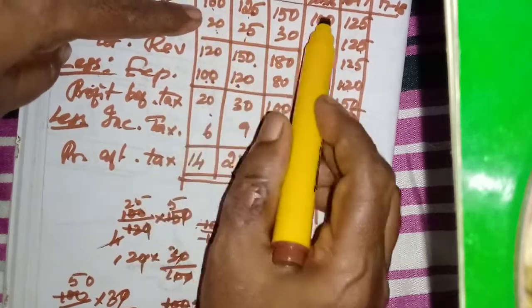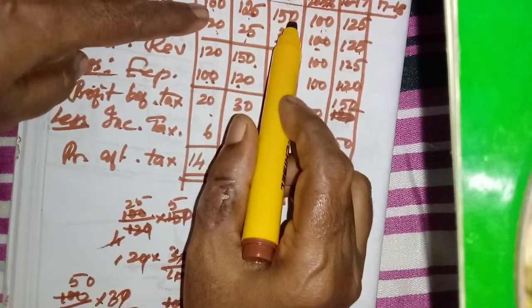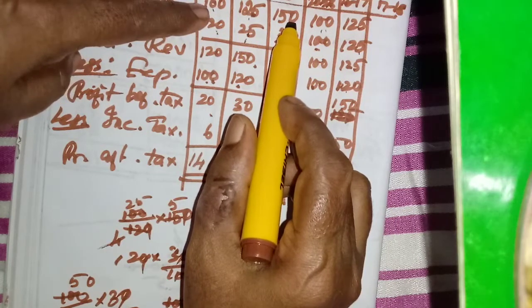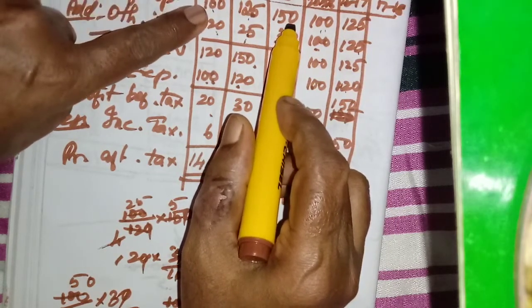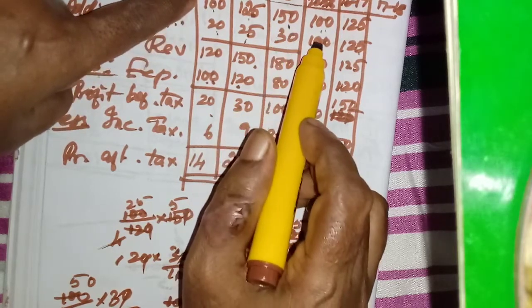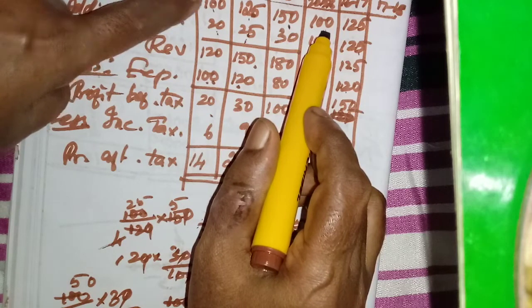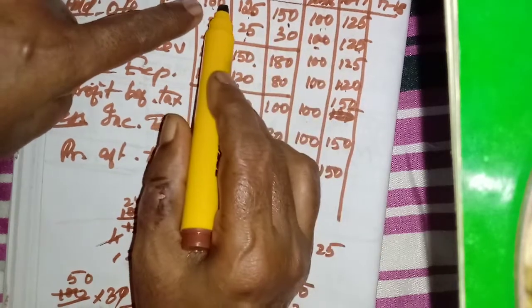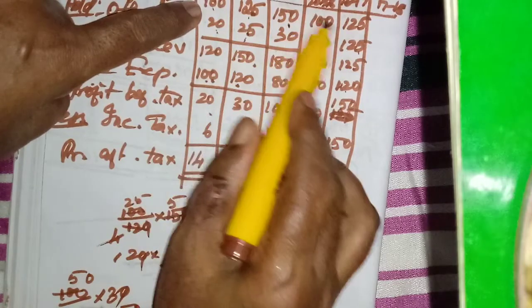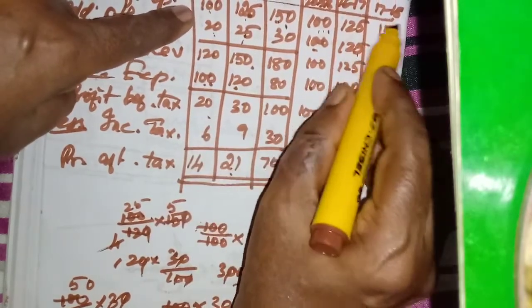For 100, this is 100. Then for 150. Okay. Understood? This one, see, this one the base, isn't it? For 100, 100. So for 150, 150 only.